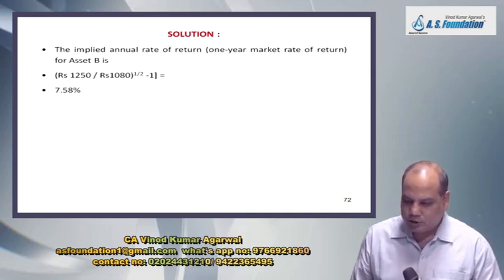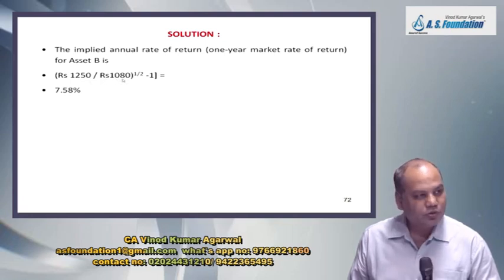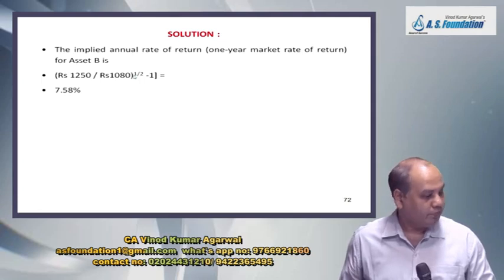So calculate it, you will get it like this, 1250 divided by 1020. It is a 2-year problem, so raised to the power 1 by 2. What if it was a 3-year problem? 1 by 3.